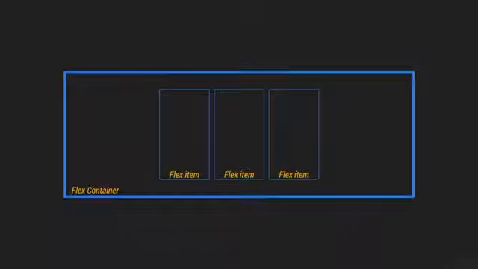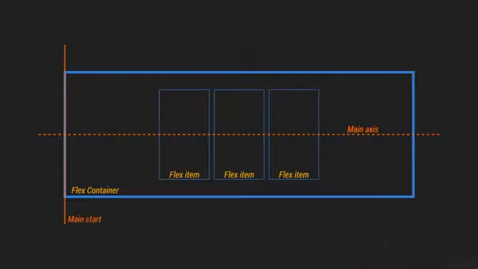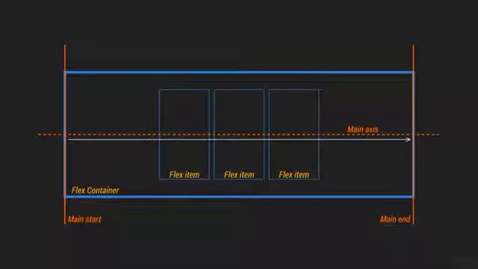So every Flex container contains a main axis, which is a primary axis along which the Flex items are displayed. The direction of the main axis is based on the Flex direction property, which we will see shortly. Then it has the main start and main end, which describes the main start side of the Flex item and going towards the main end side.